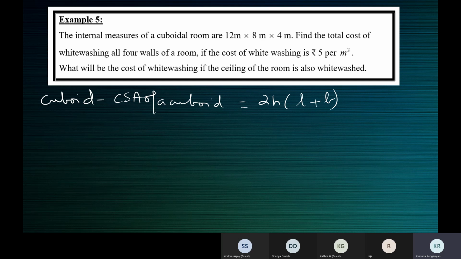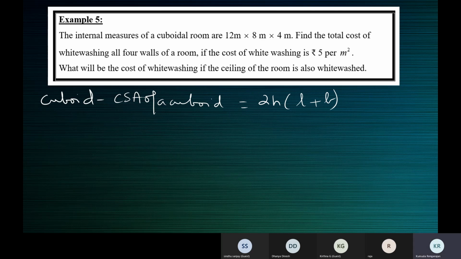When you call it a cuboid, it is the curved surface area. Curved surface area is the area of 4 walls. The curved surface area is the 4 vertical surfaces, not including the top and bottom face.